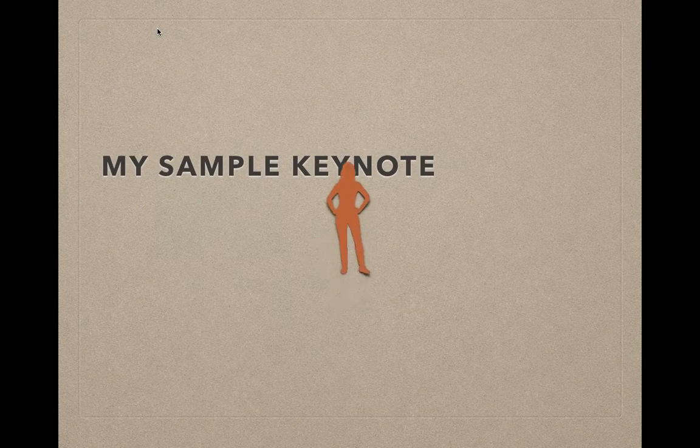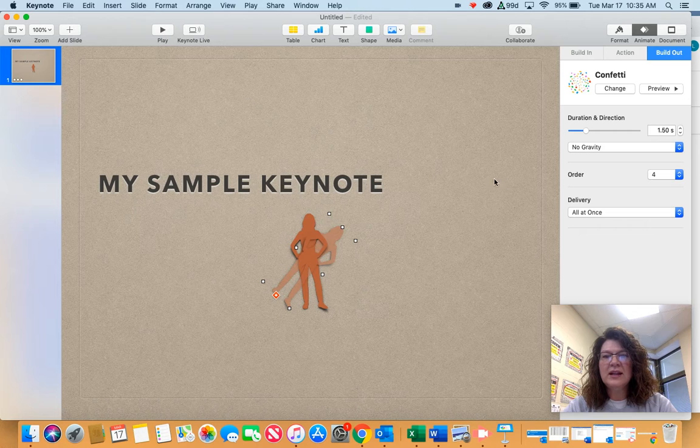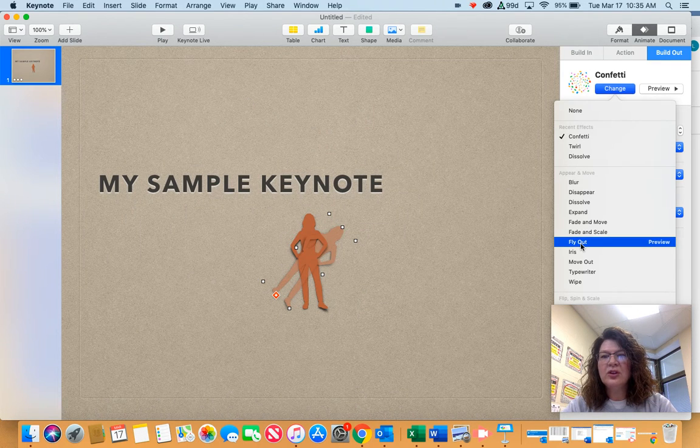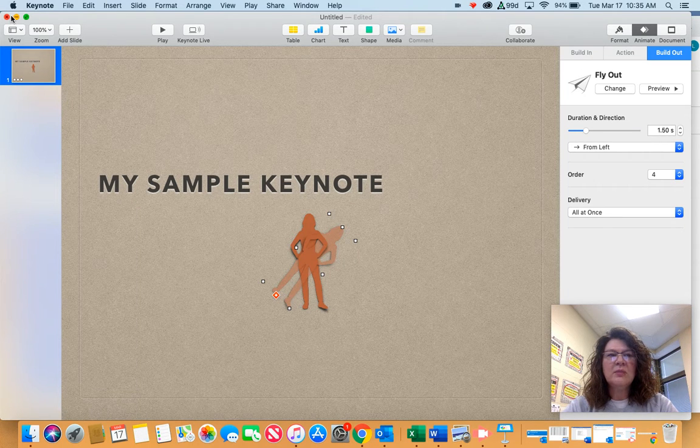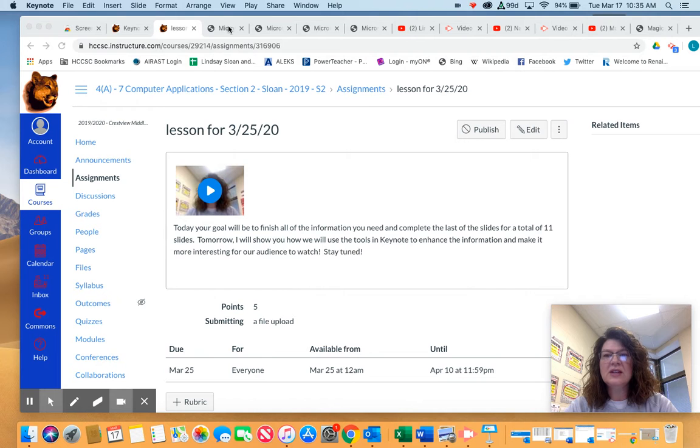Every time you hit the enter key, you're going to see the effects of what you did, and then you can see if you like what it is. You can always go in and change it to whatever you want it to do. If I want my person to fly out, you can change it, and you can experiment with these options. So that is a great way that we can make our presentation entertaining to watch.